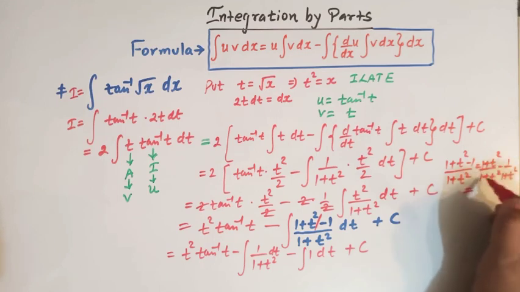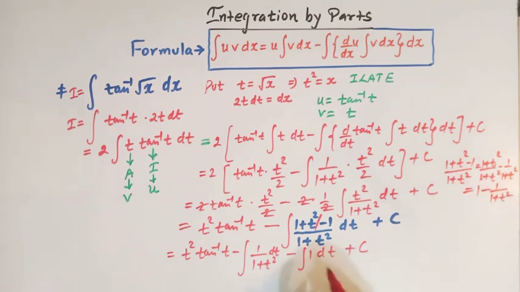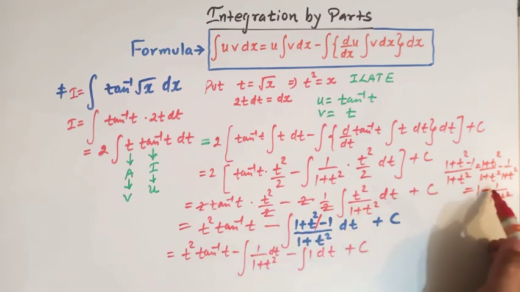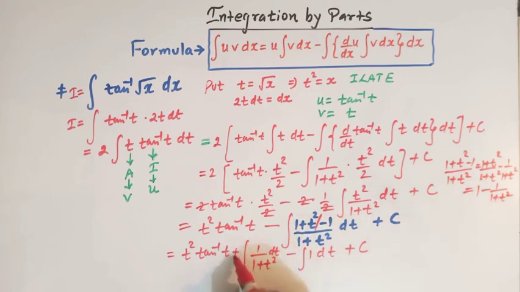So 1 plus t square and 1 plus t square get cancelled, so we have 1 minus 1 divided by 1 plus t square. Here we have minus of minus, that is plus, so we have plus the integral of 1 over 1 plus t square dt, and then minus the integral of 1 dt, plus c.